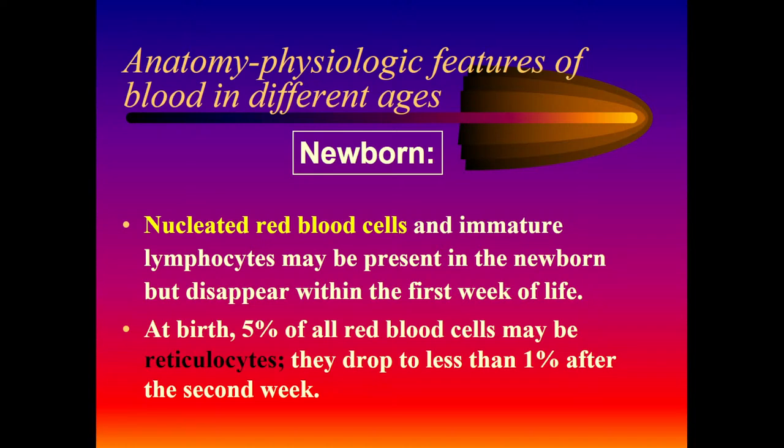In the newborn, nucleated red blood cells and immature lymphocytes may be present but disappear within the first week of life. At birth 5% of all red blood cells may be reticulocytes. They drop to less than 1% after the second week.